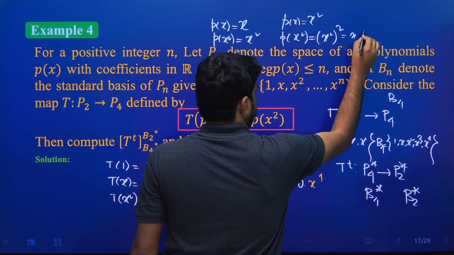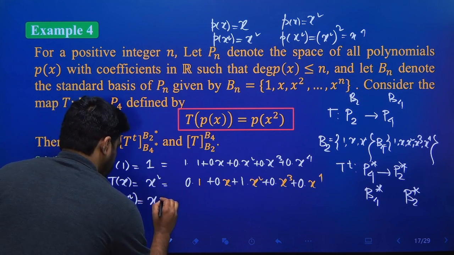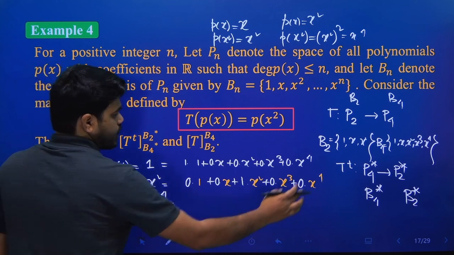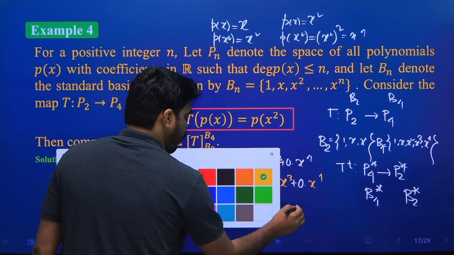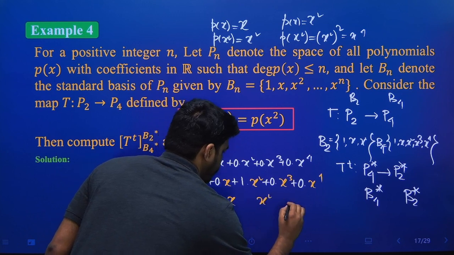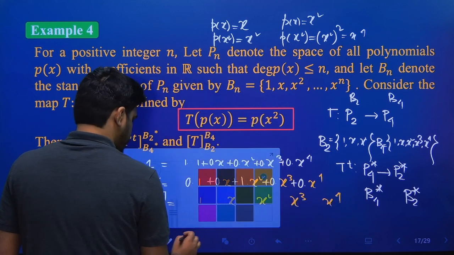Ultimately it is x to the power 4. So we have to express it as a linear combination of 1, x, x square, x cube, x to the power 4, right?